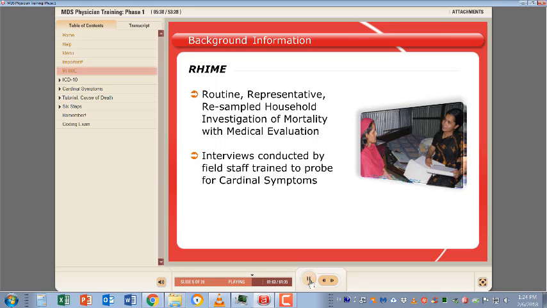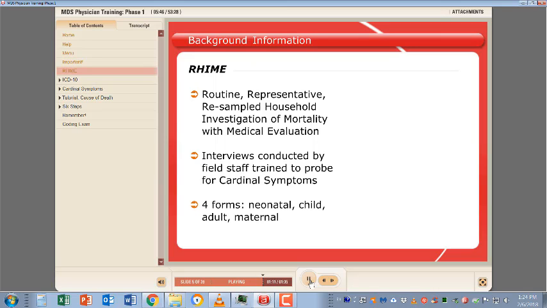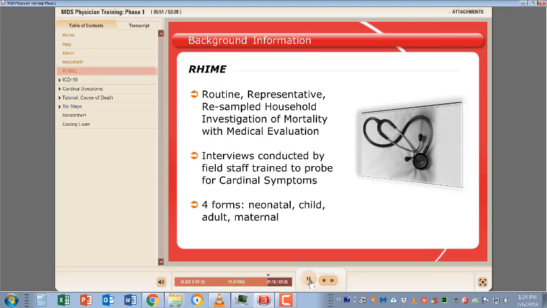We will address cardinal symptoms further shortly. 4 different RIME field forms are used to collect detailed information on neonatal, child, adult and maternal deaths. This information then gets reviewed by physician coders like you, who determine the most appropriate cause of death. A sample RIME form is included in the attachments for your reference.